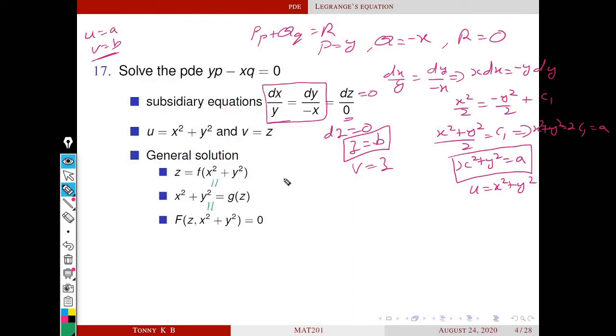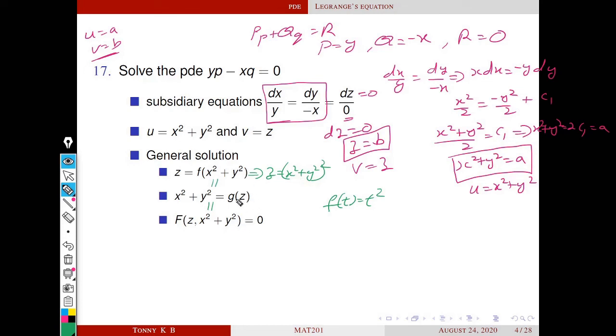For example, suppose we choose f of t equal to t square. Then what is the solution corresponding to this choice of function? Because z is equal to f of x square plus y square, this implies z is equal to x square plus y square whole square. How to find the same solution from these two representations?